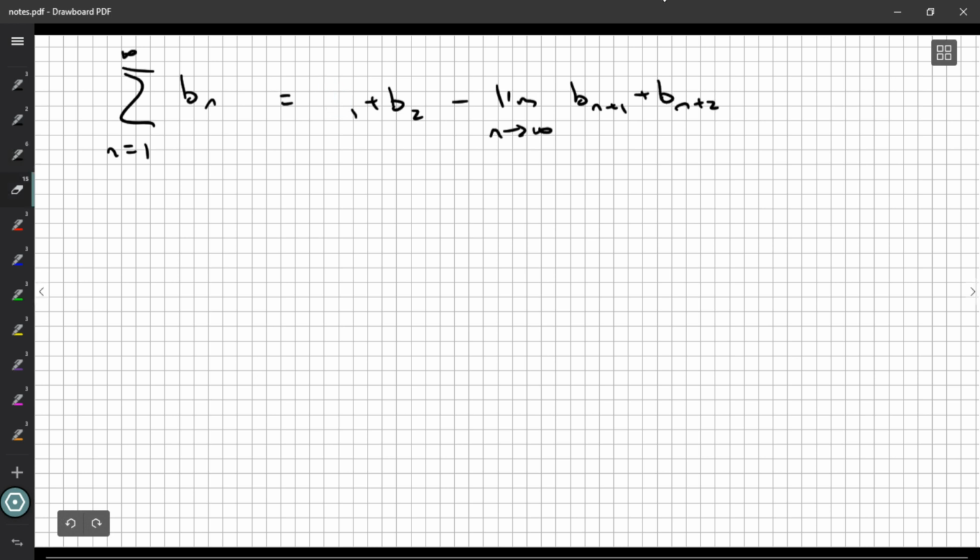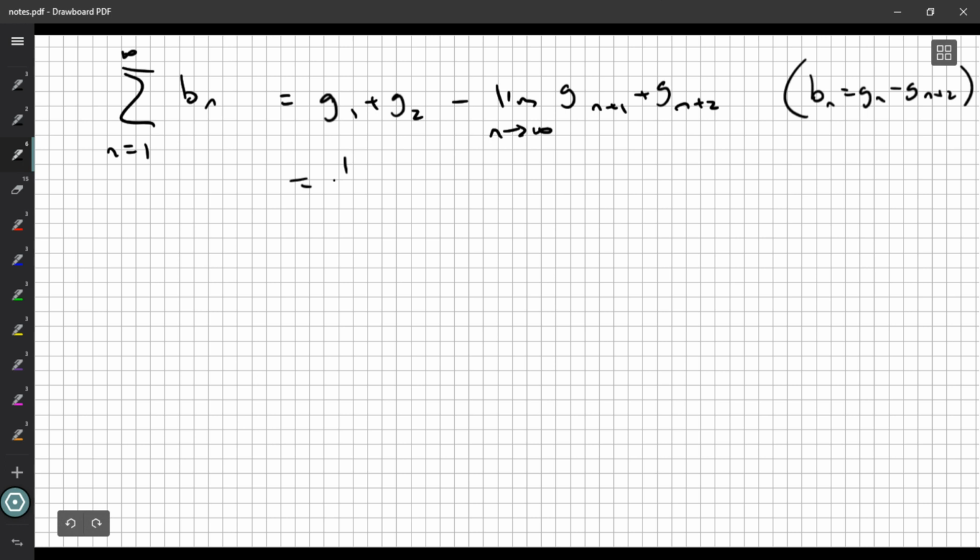Oh, this should be g's. Sorry, it's not the actual sequence b, it's this g sequence that we express it in terms of. So this is 1 over 1 plus 1 over 2 minus the limit, as n tends to infinity, of 1 over n plus 1 over n plus 1. As n gets bigger, both of those go to 0. So the limit here is just going to be 1 plus a half, or 3/2.